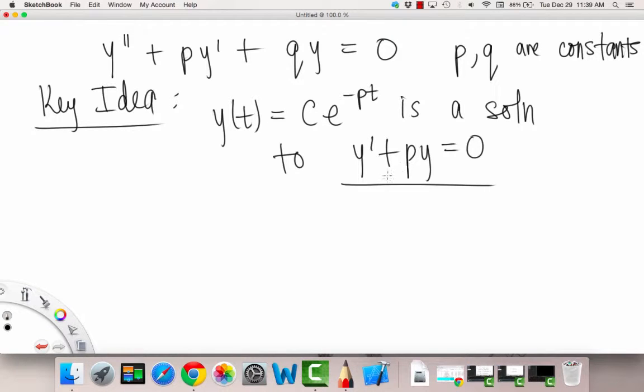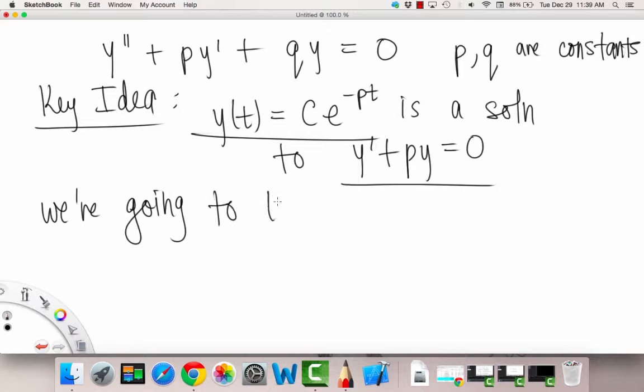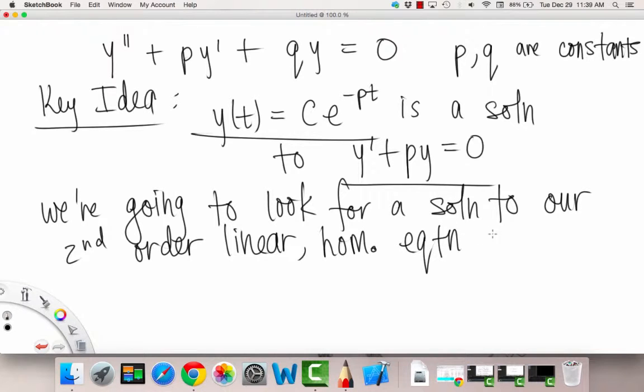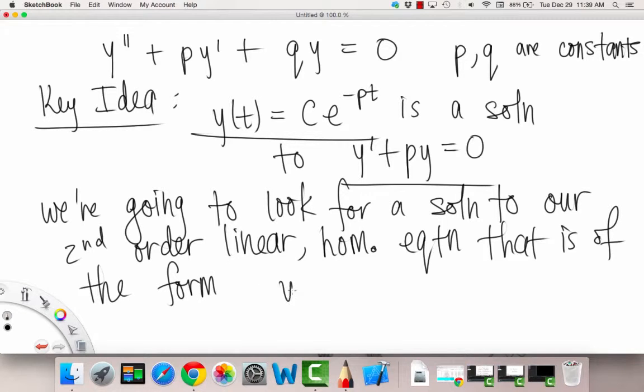So what we're going to do is build off of this and say that, based off of this solution here, we're going to look for a solution to our second order linear homogeneous equation that is of the following form: y of t is equal to some constant c times e to the lambda t.